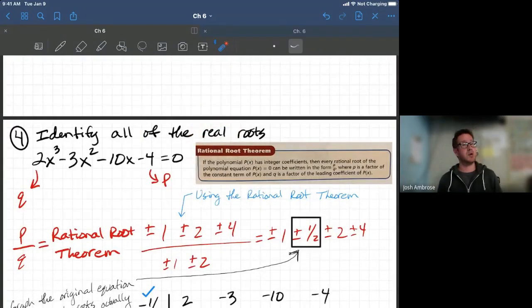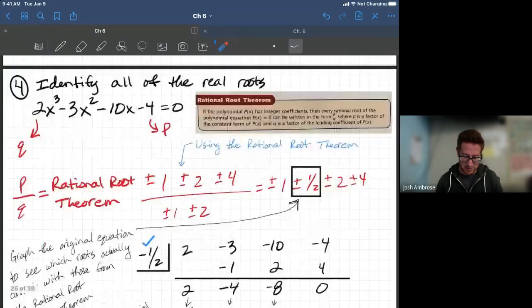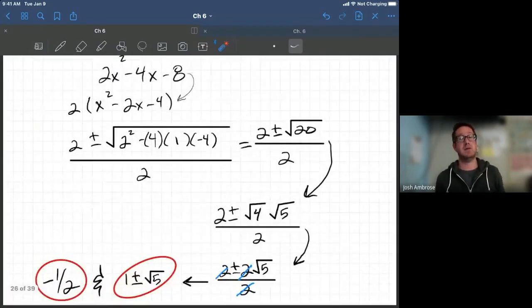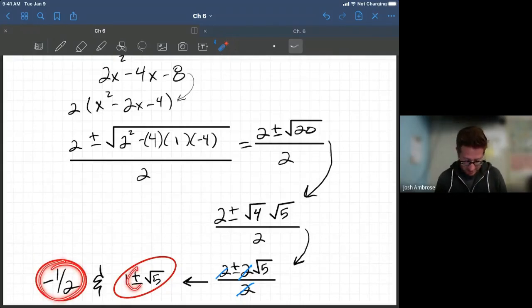The graph didn't properly show that because the rational root theorem did not come up with it. So it does exist, but we have to determine exactly what it is, and that's why we did all of this work here to get down to the final roots, in that case actually 3 roots, because we have 1 here and then the plus or minus.